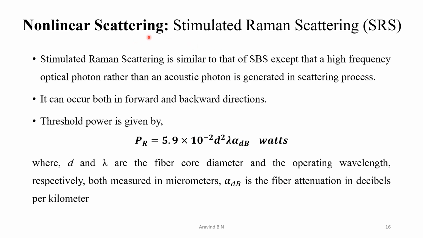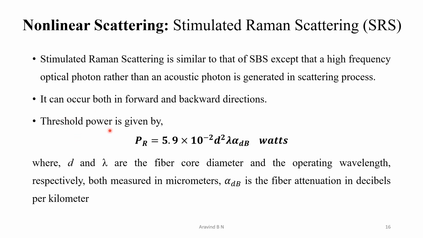Now under nonlinear scattering, the second one, stimulated Raman scattering, also known as SRS. This is almost similar to SBS, except that a high frequency optical photon is generated rather than the acoustic photon during the scattering process. Also, in this case, the Raman scattering occurs in both forward and backward directions.